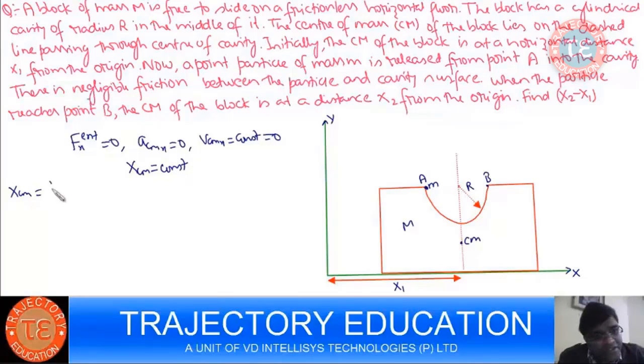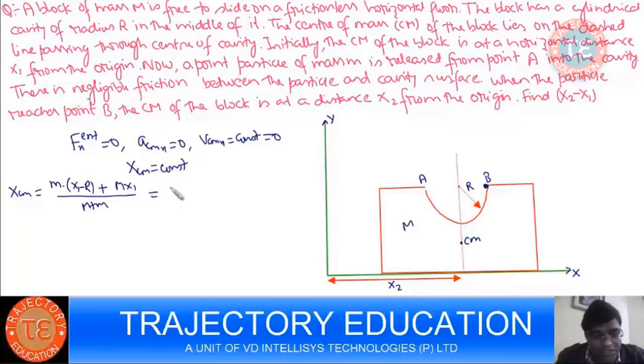This is small m. What is the distance of this small m from the y-axis? It will be x1 minus R. So small m at x1 minus R, and the block is at a distance of x1, mass M. Now, when the particle reaches this position B, the block becomes x2.